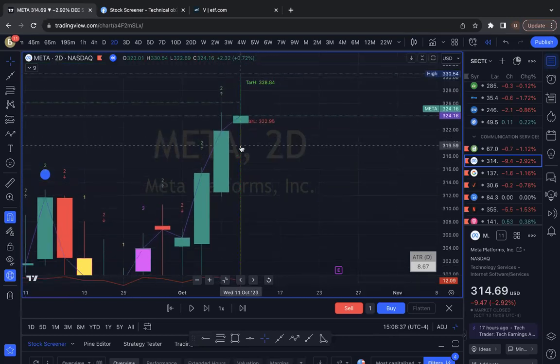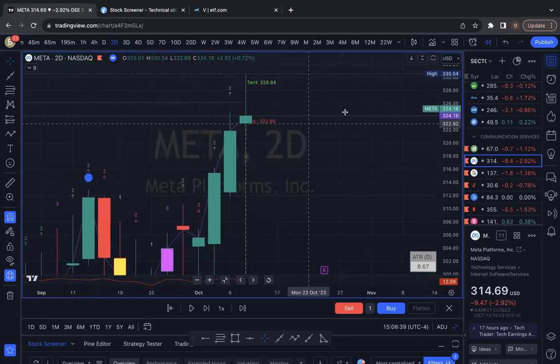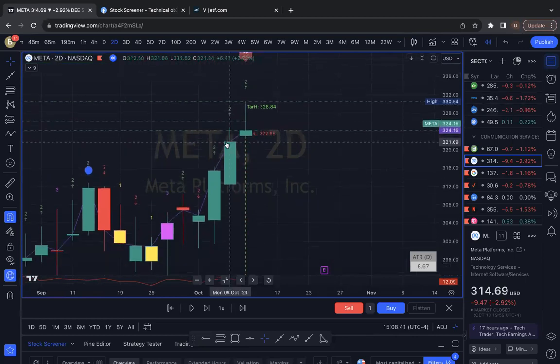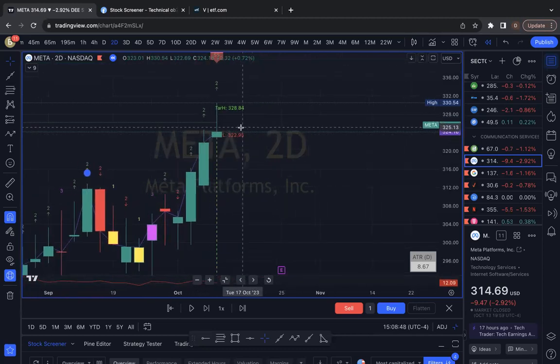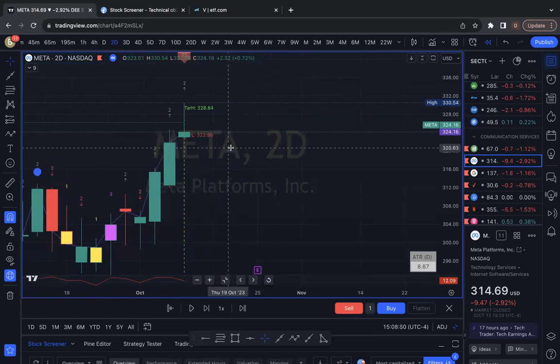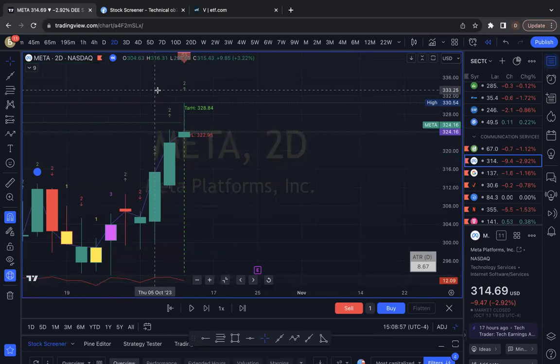Now, would you play a 2-2 shooter? I think you would. I think you would play a 2-2 rev, which is also a shooter. I think that would be a beautiful setup that you would be interested in playing. But if you had only looked at the daily chart, you wouldn't have seen this setup. You would have just moved on.